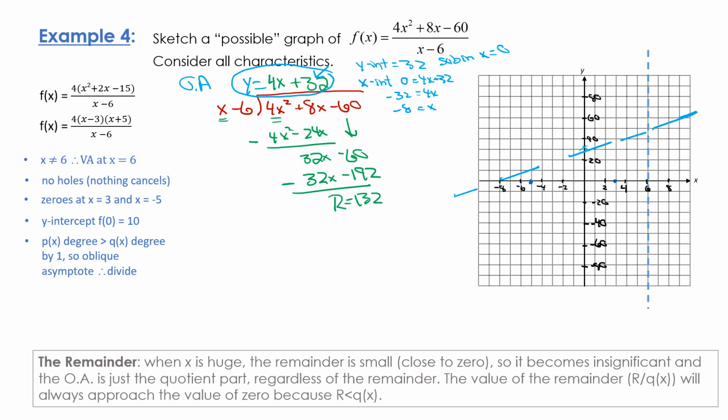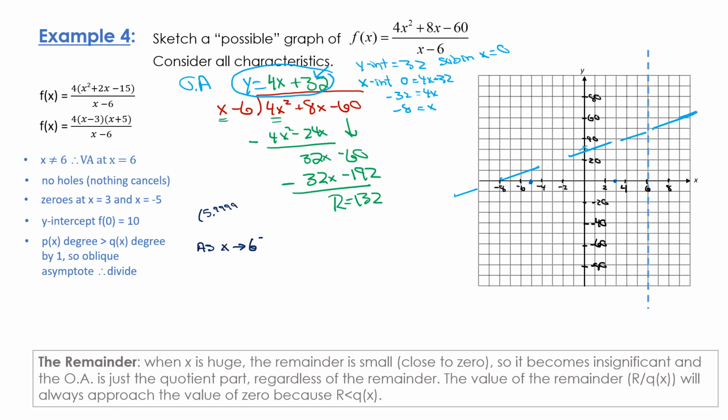So let me write down the proper notation for this. For our asymptotes, as x approaches 6, let's do from the left first. You're going to sub in a number into your calculator, for example, 6 from the left would be 5.9999.